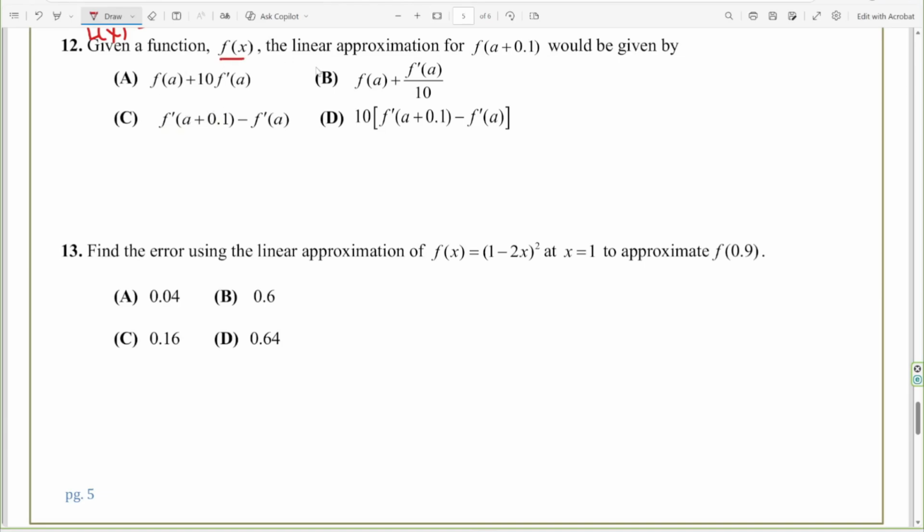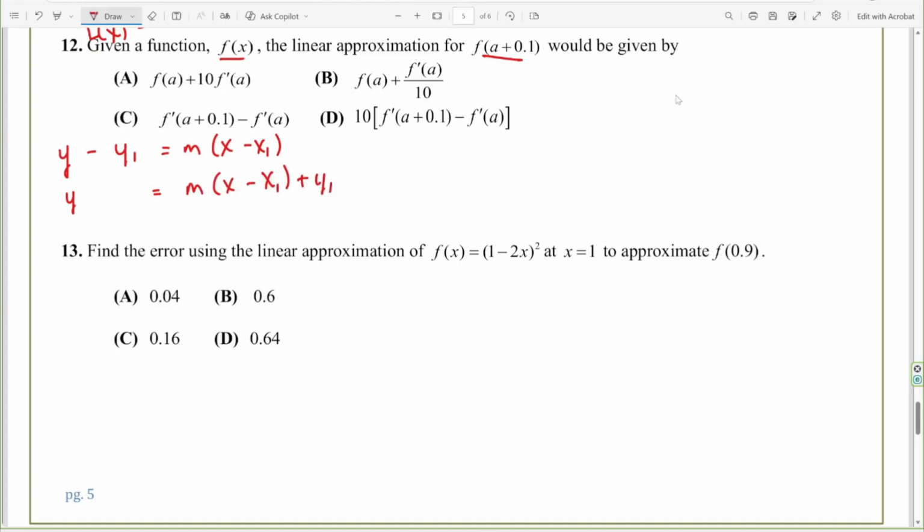Given a function f of x, the linear approximation for this one is given by what, right? So we have the linear approximation, the tangent line, which should be y minus y1 equals m times x minus x1, right? Or y equals m times x minus x1 plus y1, right?